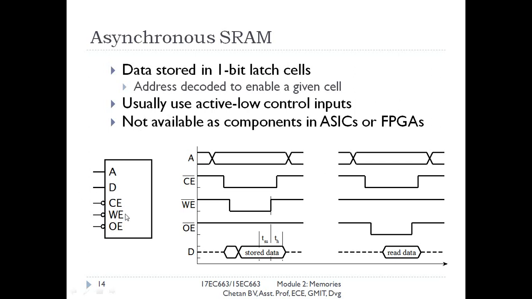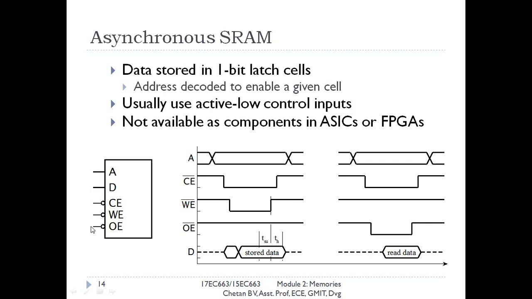Next is write enable. This is also active low. If this is 1, you can perform read operation. If this is 0, you can perform write operation. Output enable. This is an extra control signal to enable or disable the tri-state drivers, as we are using a bidirectional input output bus.